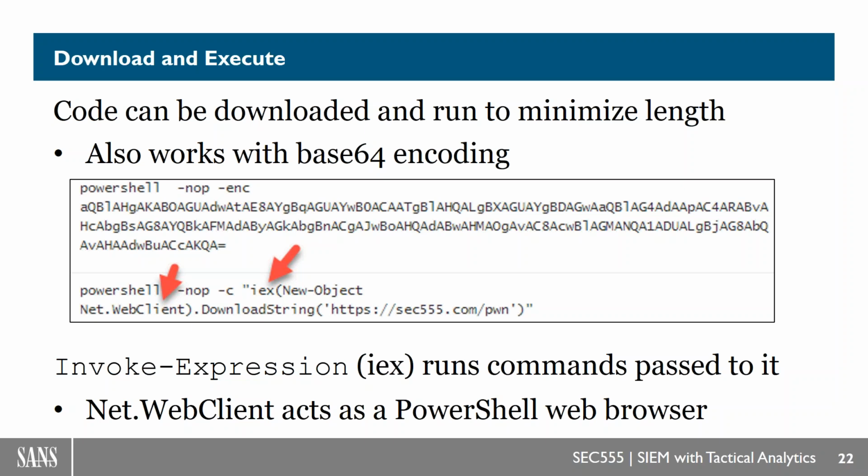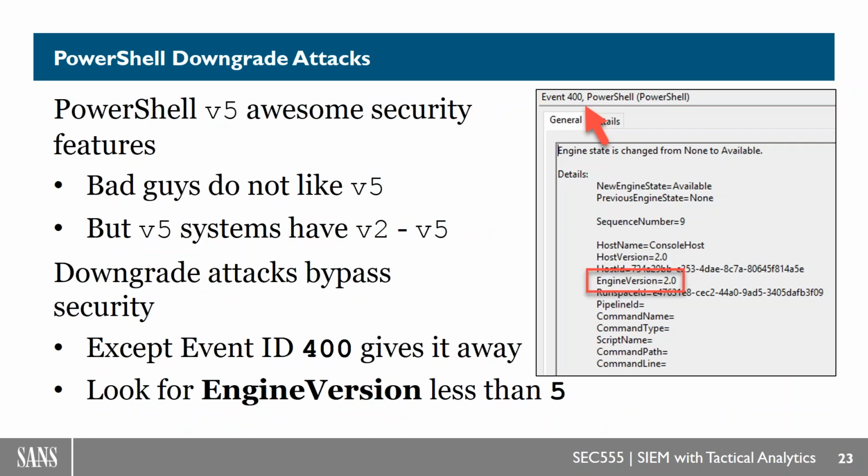But there's actually better ways of doing PowerShell detection, and much cooler, much more awesome techniques. So, one thing, as Tim referred to earlier, if you're on PowerShell 5, you still have older versions on your box. So if I'm attacking one of your systems, I know that PowerShell version 5 has awesome security.